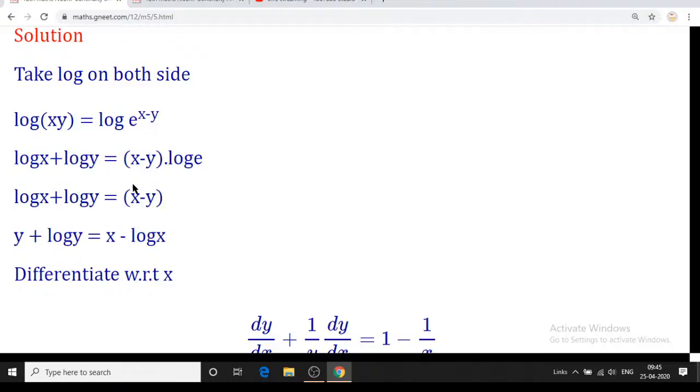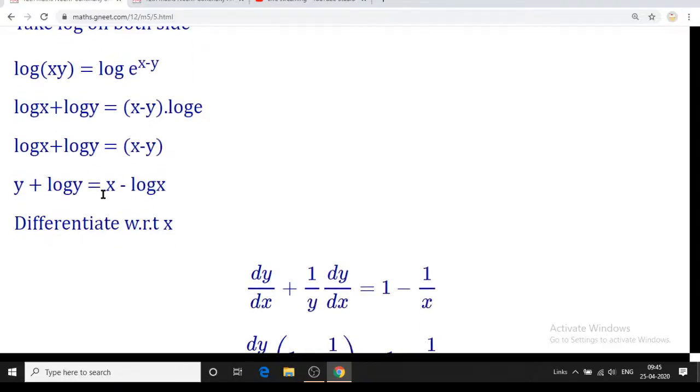So we have not written it. It is not by mistake that I forgot to write log e here. Okay, so that is log x plus log y is x minus y. We'll collect the y terms on one side and then differentiate, or you can differentiate at this step only.